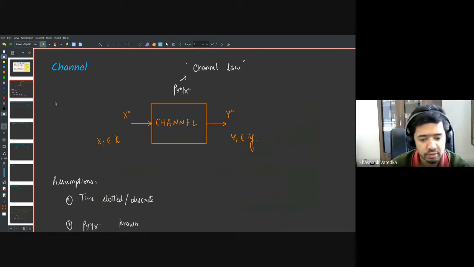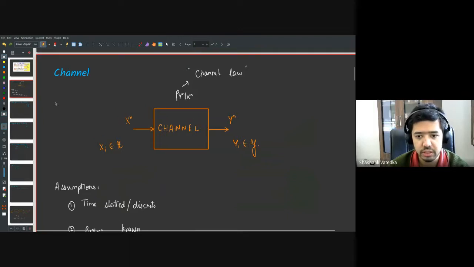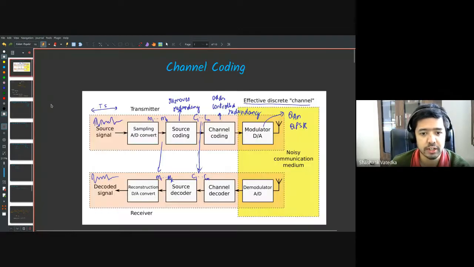Okay, and the way we will model this problem is in the following manner. We'll assume that the continuous time signal is already converted to a discrete time signal, so it is sampled and then maybe quantized. So it's converted from analog to digital and then compressed.